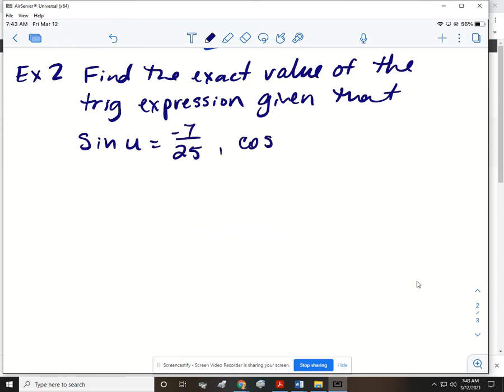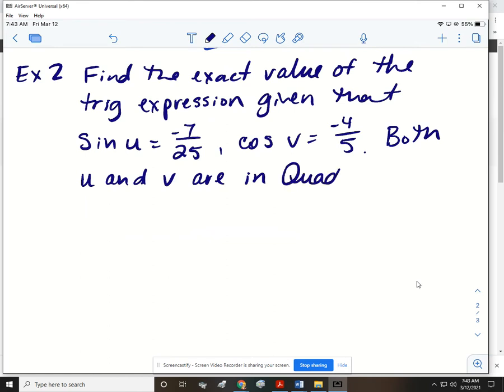The cosine of v is -4/5. And both u and v are in quadrant 3.